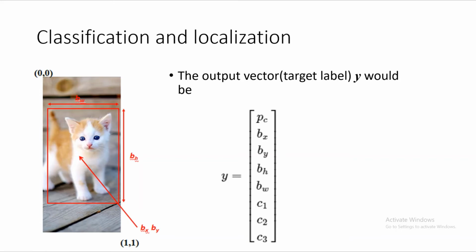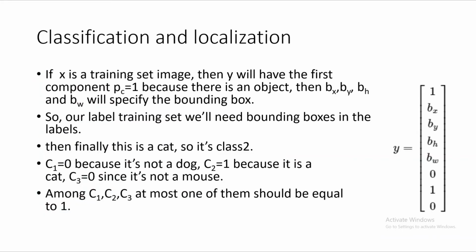We assume that our image consists of only one object, and the object appears in this picture. If X is the training image, then Y will have the first component PC equal to 1, because there is an object. And then BX, BY, BH and BW will specify the bounding box.